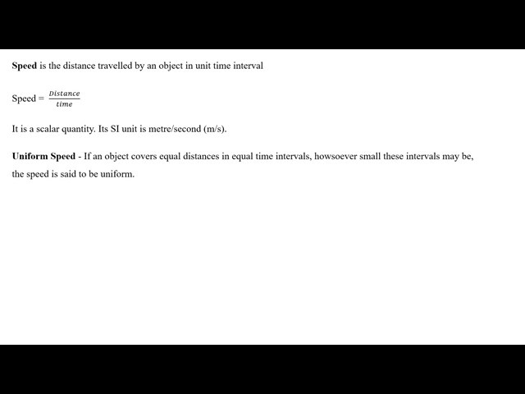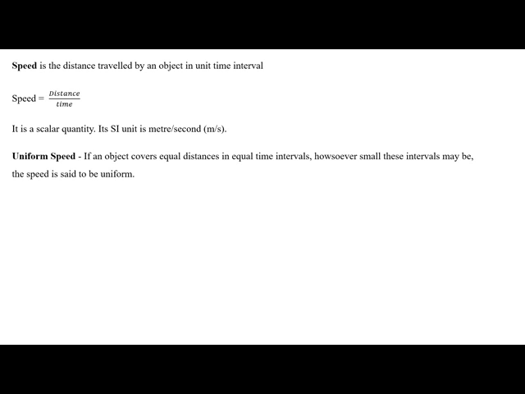If an object covers equal distance in equal intervals of time, howsoever small these intervals may be, the speed is said to be uniform. My dear students, please remember that at every interval of time, it is traveling equal distances. So let us say at t1 it traveled 2 meters.